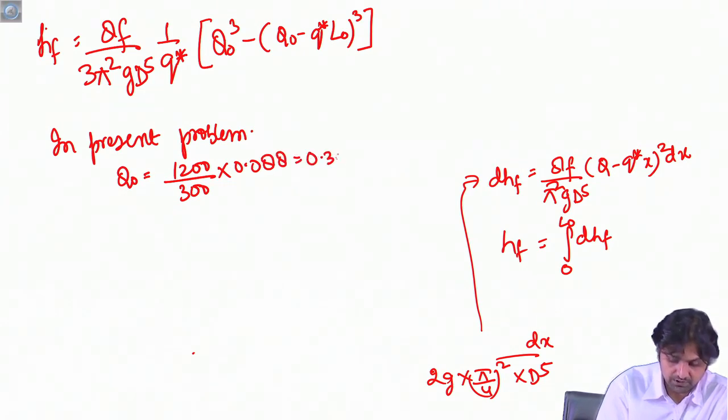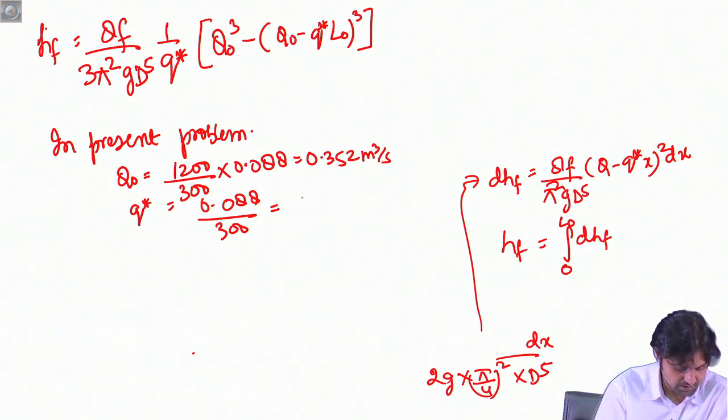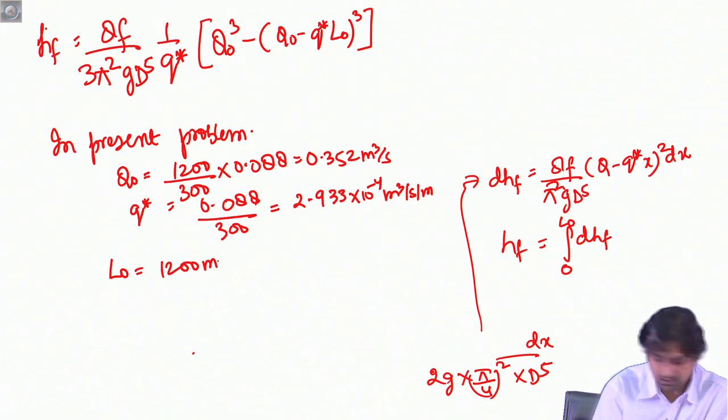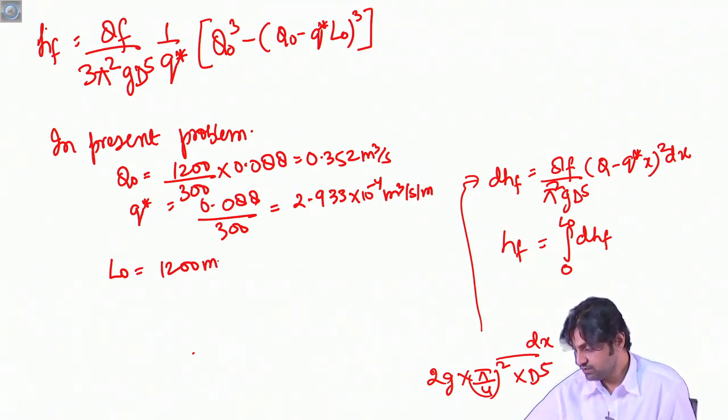So we have 0.352 meter cube per second, and this Q star is 0.088 by 300, that is 2.933 into 10 to the power minus 4 meter cube per second per meter, and L naught has been given as 1200 meter.